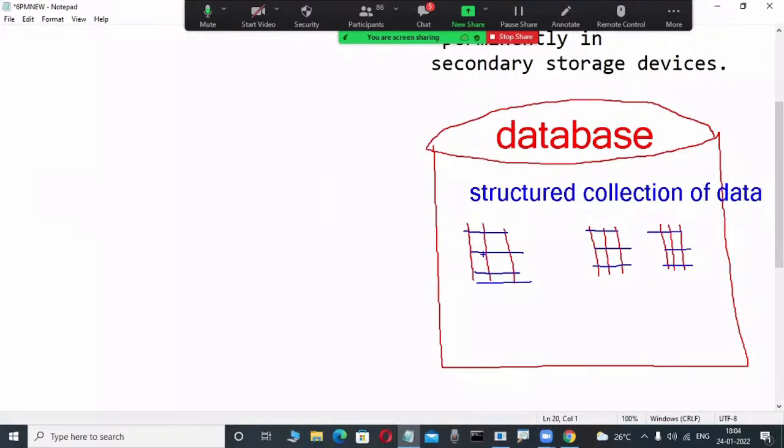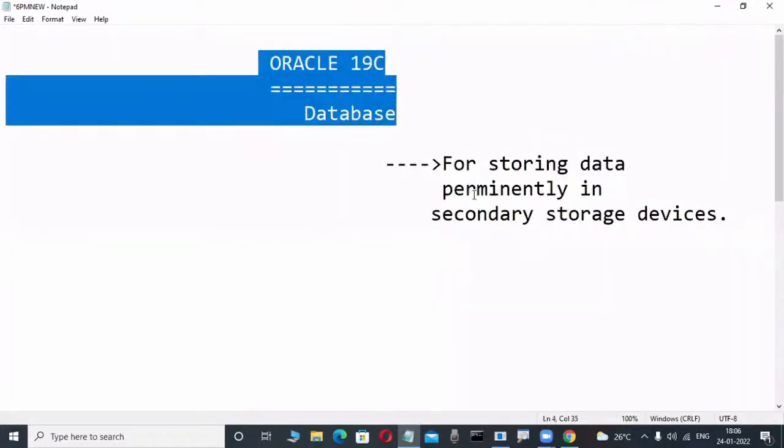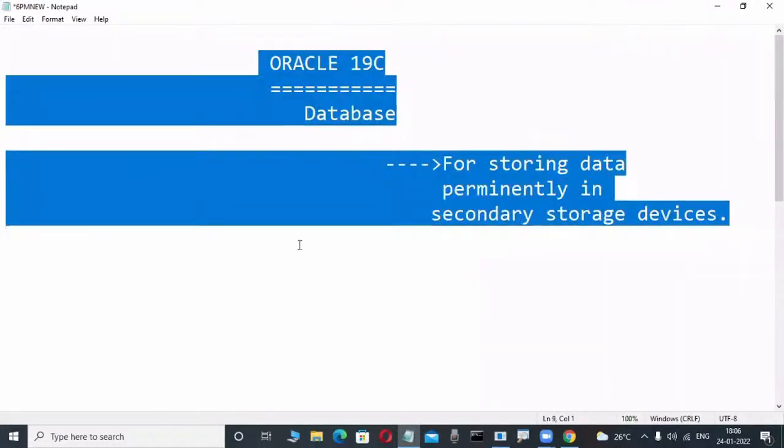Once a structured collection of data is there, for handling and operating this data, which language do we use? Very good. SQL, Structured Query Language. That's why these databases are implemented based on the relational data model. What is that today? I will tell you.